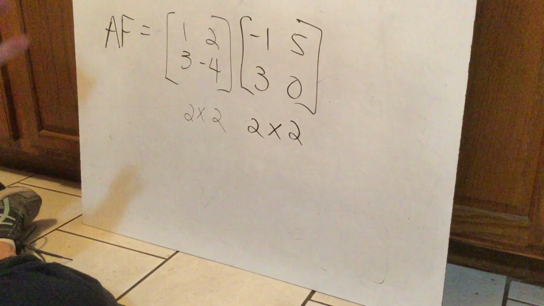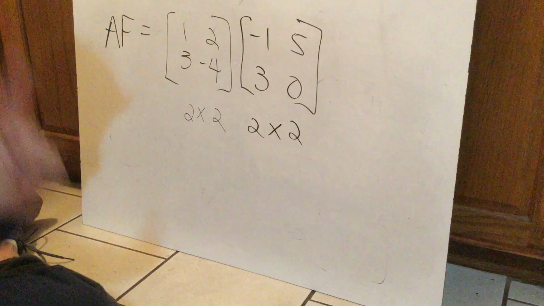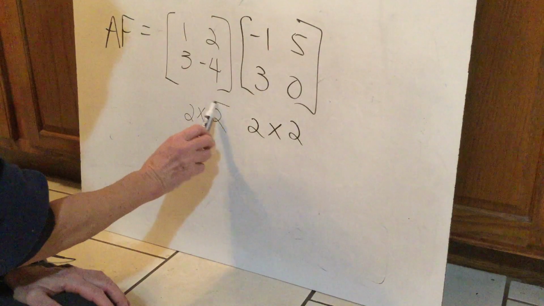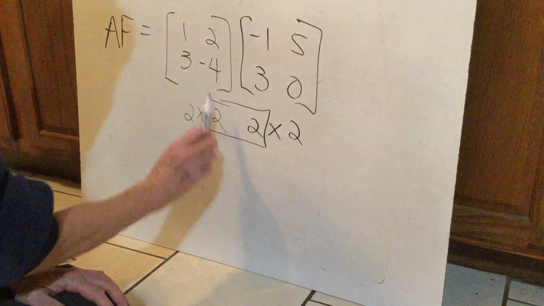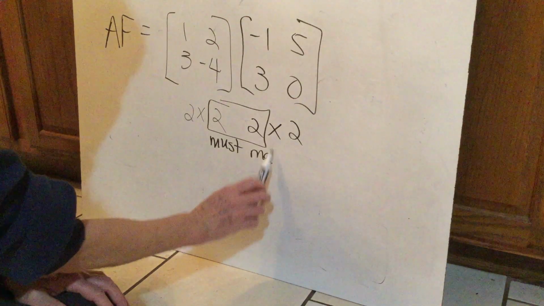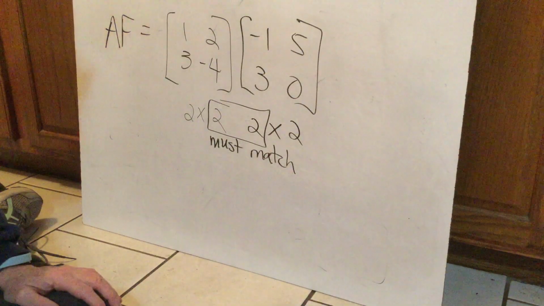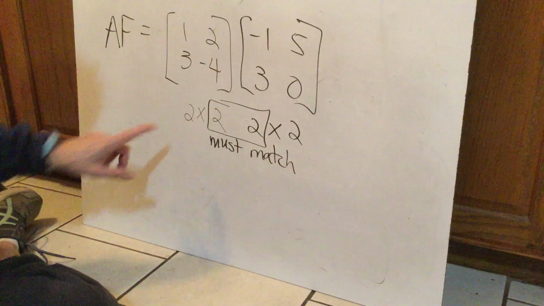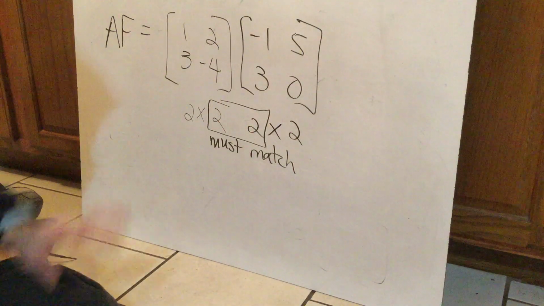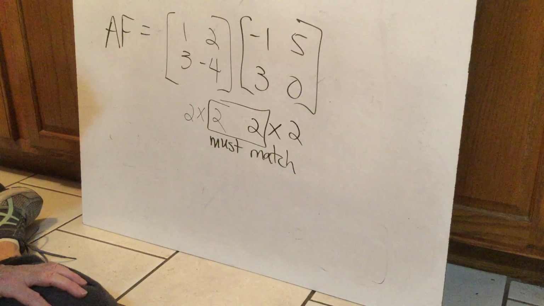Now, to multiply, please listen carefully, make a note of this. To multiply, the inside 2 must match. It does not matter what these are. The inside 2 must match.